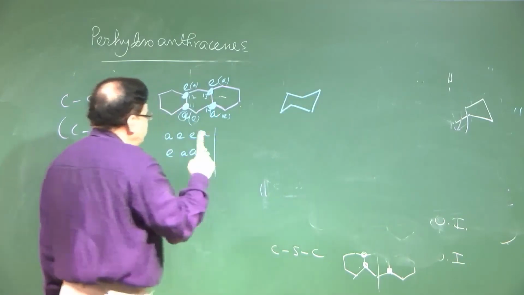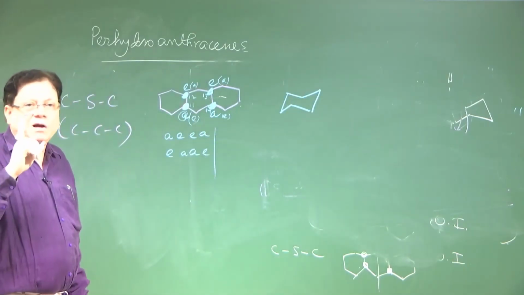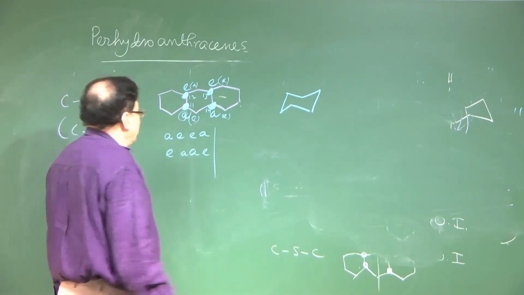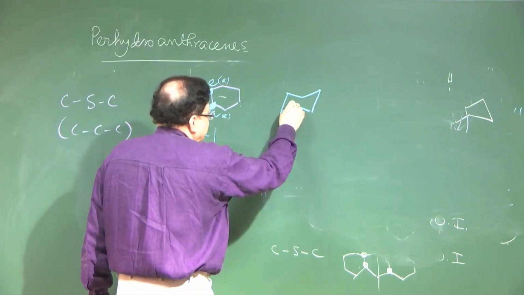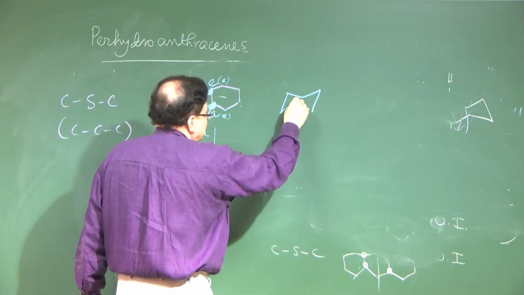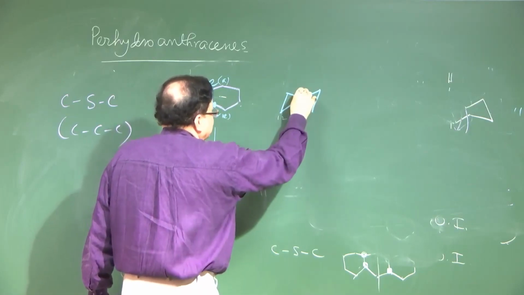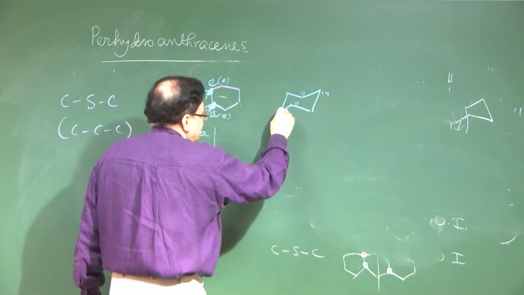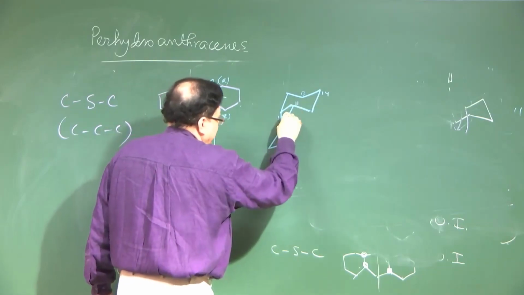So, you have to pick up a beta axial hydrogen. So, pick up a position according to that. So, I do it from here, that is easier. So, this is 11, this is 12, this is 13 and this is 14. So, your first ring looks like this.